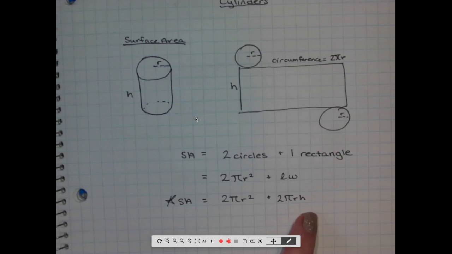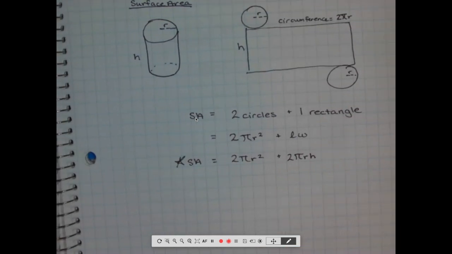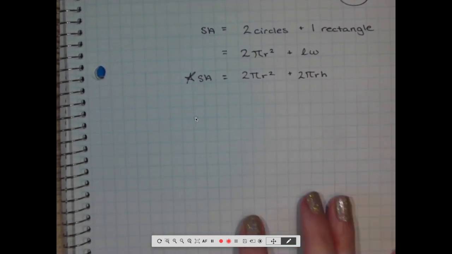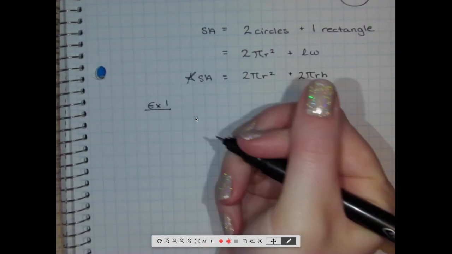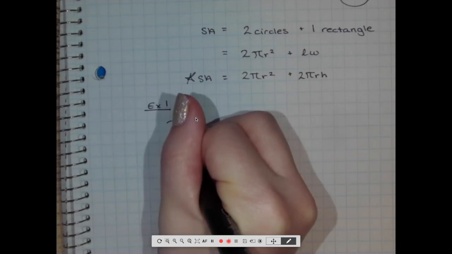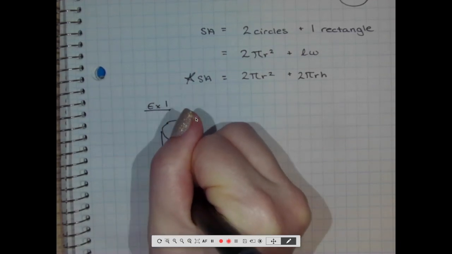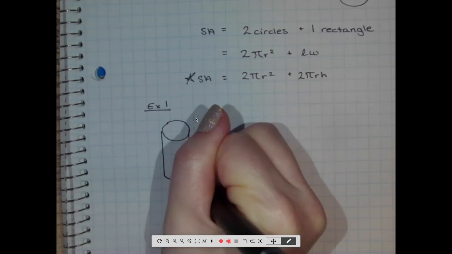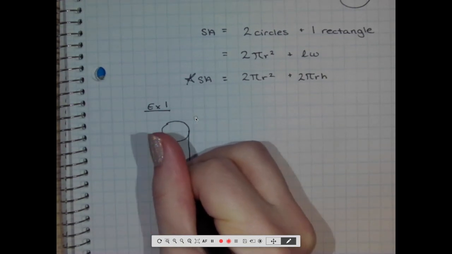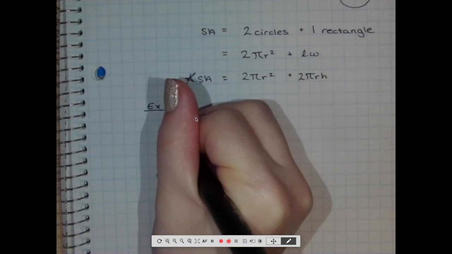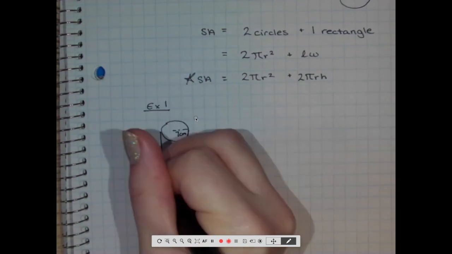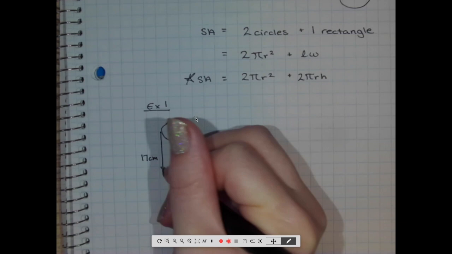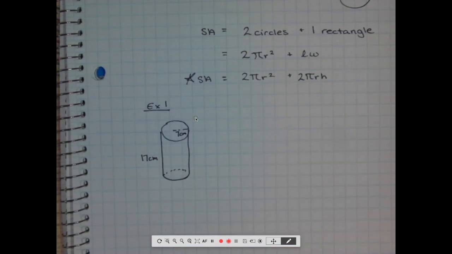So let's do an example. So let's see here. We've got 7 centimeters here as the radius, and 17 centimeters here as our height.